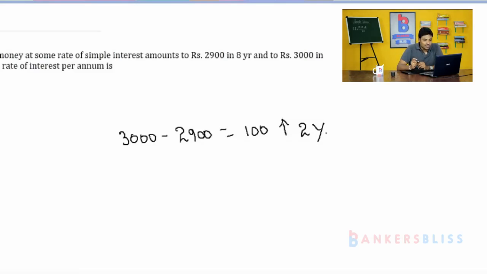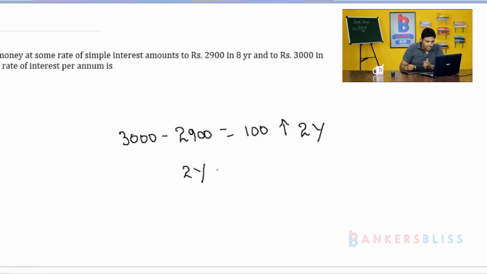Because 8 years is one data they have given and 10 years is the other data they have given, you go for 10 years, it is very easy to calculate. For 2 years it is 100, then for 10 years how much will it be?